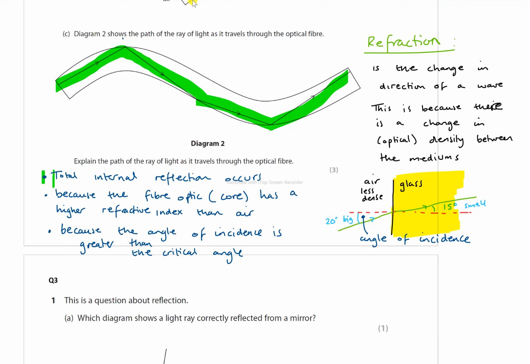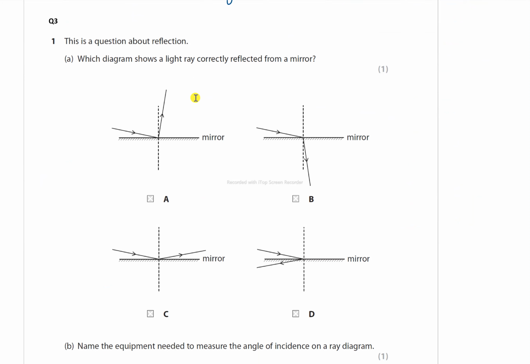If you've got a normal here, that angle is bigger than the critical angle. That's where you get total internal reflection. If it was smaller, you'd get leakage out there. But anyway, let's move on. We have not got time to dilly-dally about. Got so much to do, especially with physics.